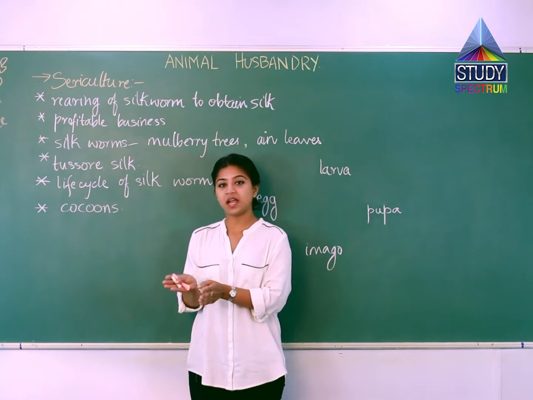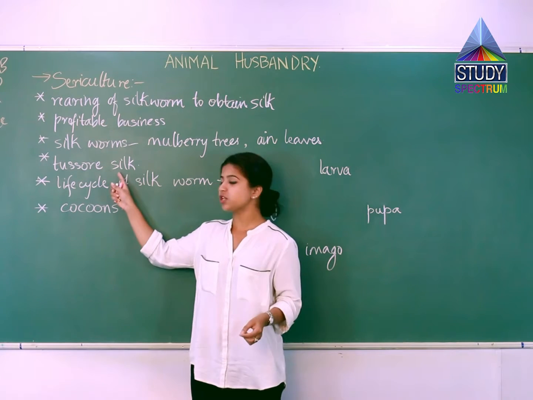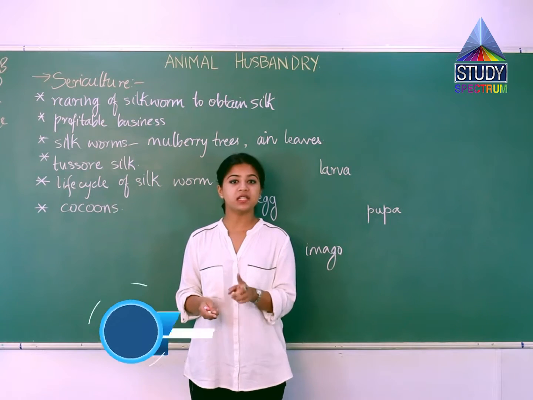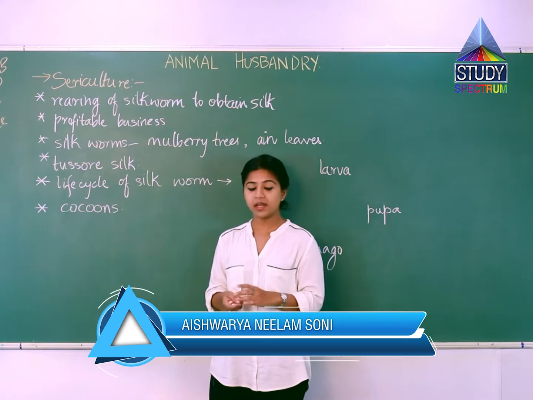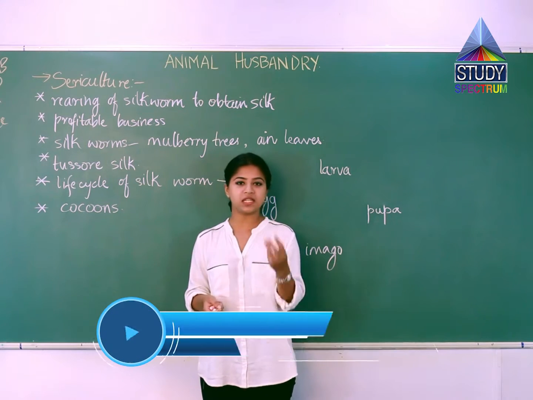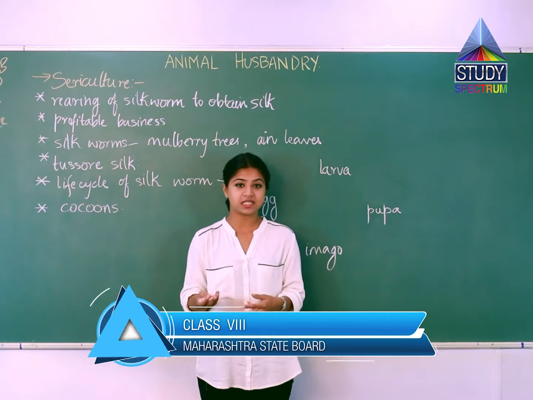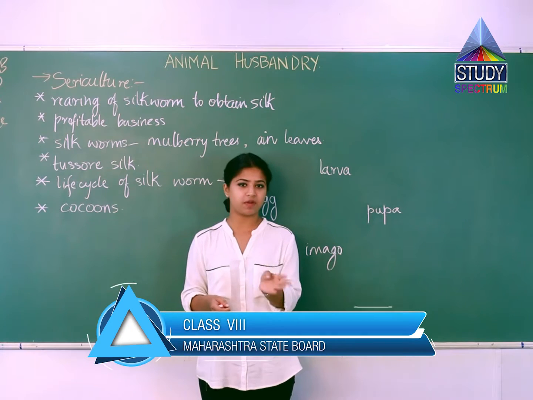The latter yield is really strong, and that is known as tussore silk, while the silk obtained before is rich in quality and is most probably used. So, talking about silk, we've understood what exactly silk is and how it is formed, in a gist.